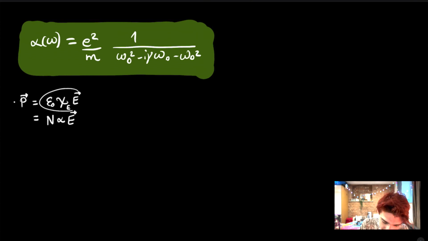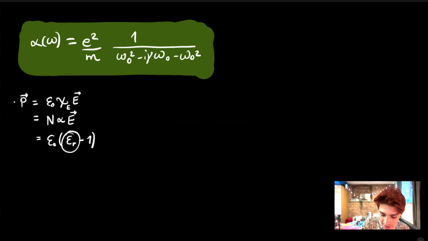But we also said that this could be expressed as epsilon naught, and instead of the electric susceptibility, we can write it in terms of the relative permittivity. Remember, this is a dimensionless quantity, the ratio of the actual permittivity to the permittivity of free space, minus 1, times the electric field. So we have P and E right here, and then a bunch of constants that relate the two together.